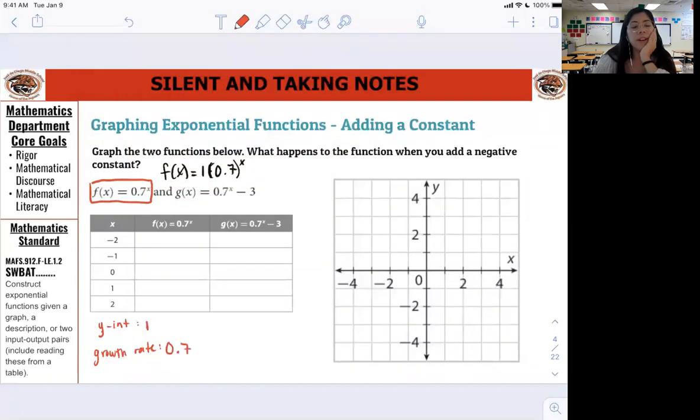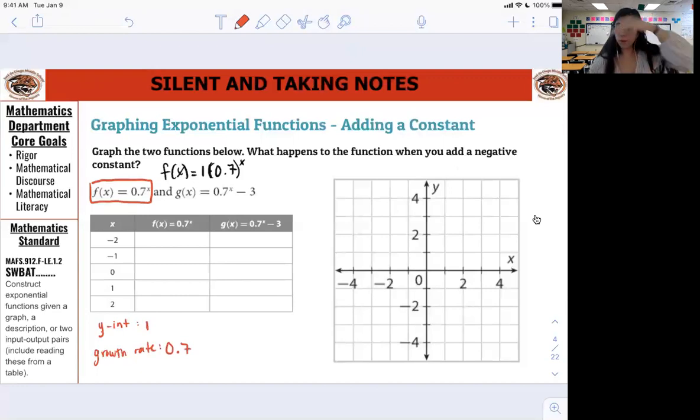And since the growth rate is a decimal rather than a whole number, what do you think? Give me some possibilities. What do you think is going to happen to that graph? Is it going to be negative infinity?